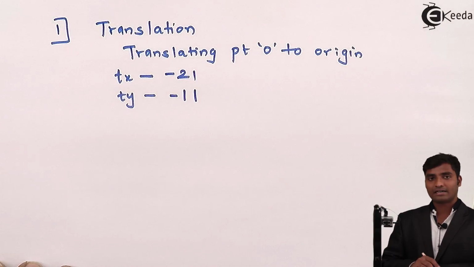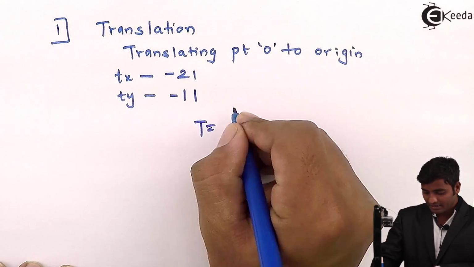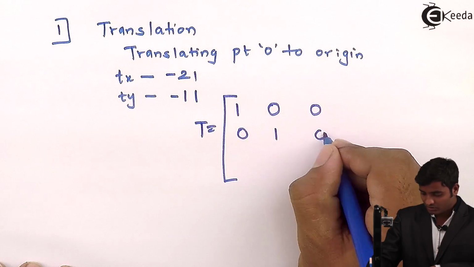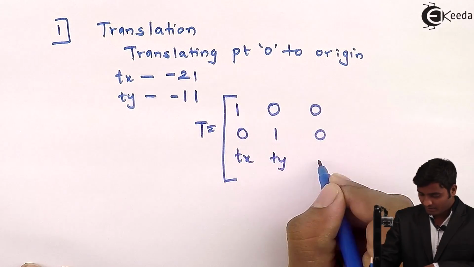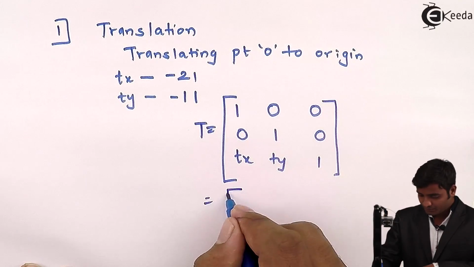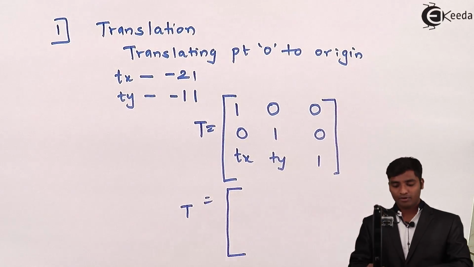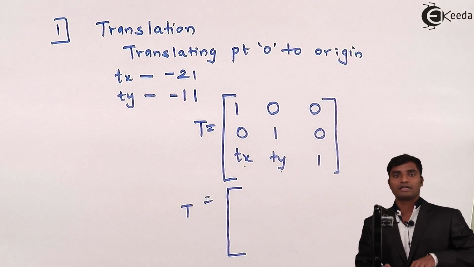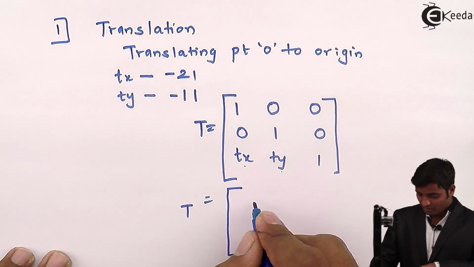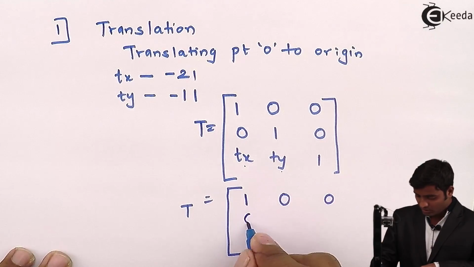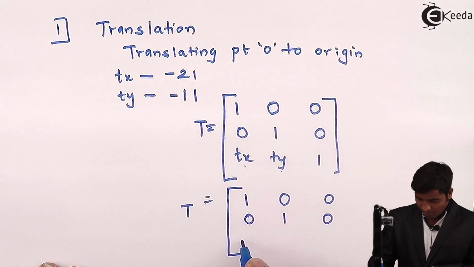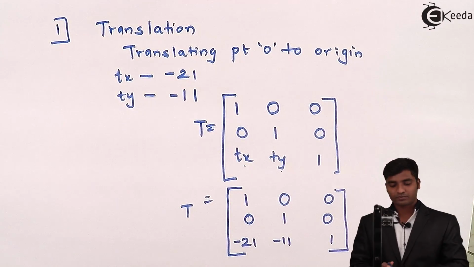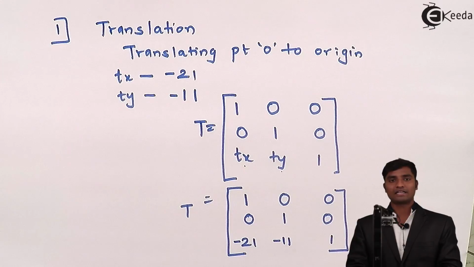The standard translation matrix is T equal to 1 0 0, 0 1 0, tx ty 1. Putting in the values of tx and ty, it comes out to be 1 0 0, 0 1 0, minus 21 minus 11 1. So this is the matrix for translation.